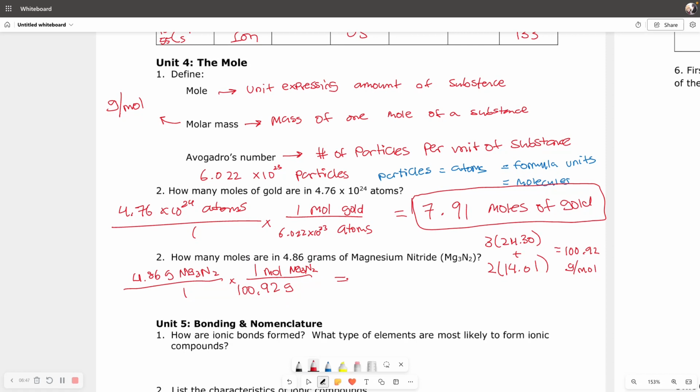So 4.86 divided by the molar mass, 100.92, we're going to get 0.048 moles of Mg3N2. And that is our final answer. That's it for Unit 4, and I'll see you in the video for Unit 5. Thanks.